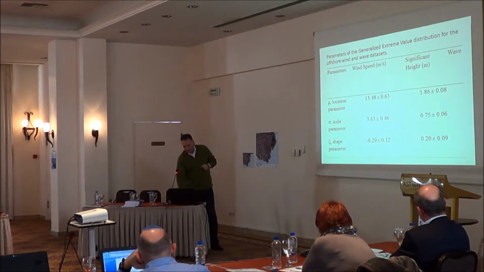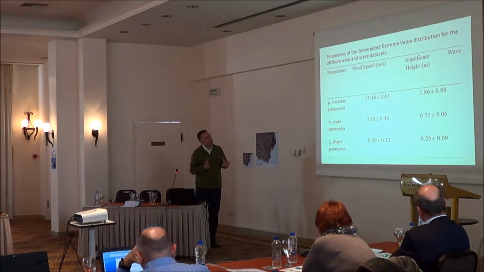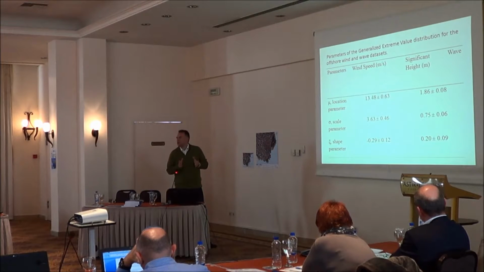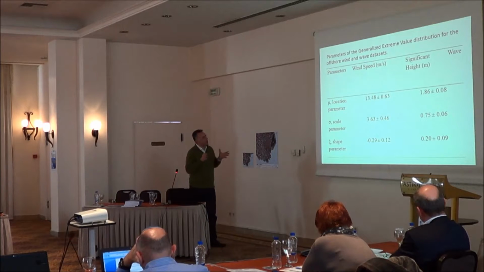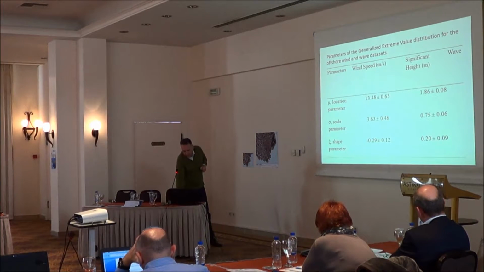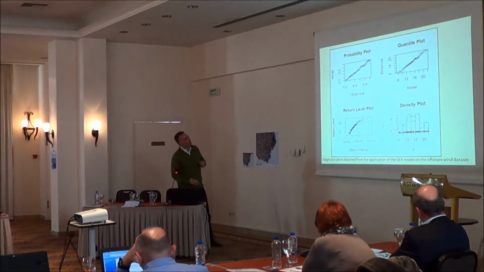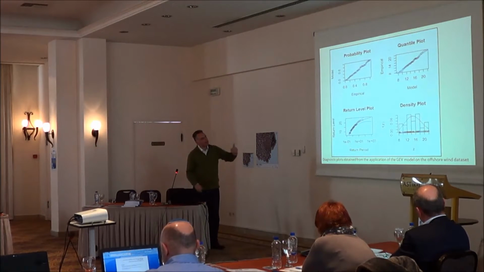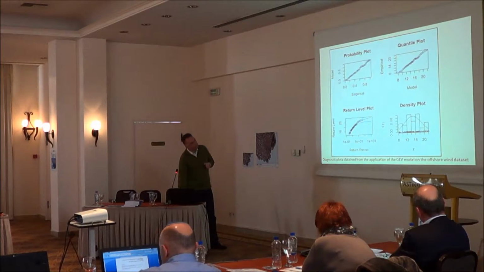Now, however, we can extrapolate that using a methodology called extreme value analysis. With extreme value analysis, we may understand the probability of having an extreme event within a certain return period.